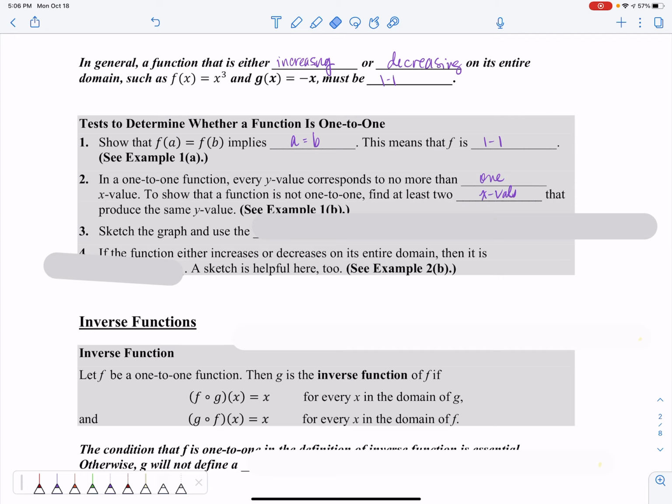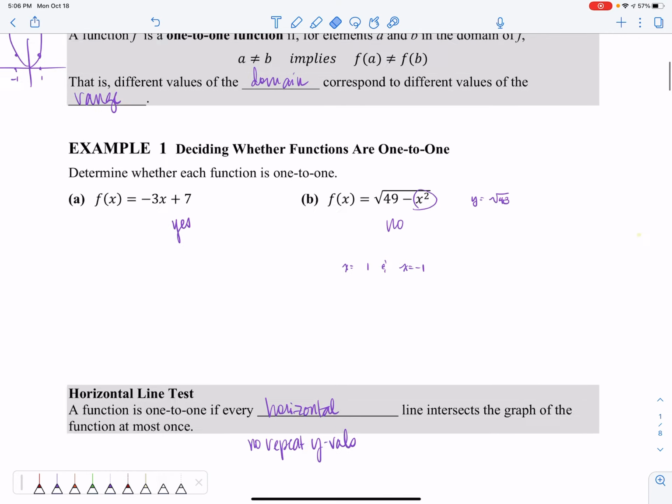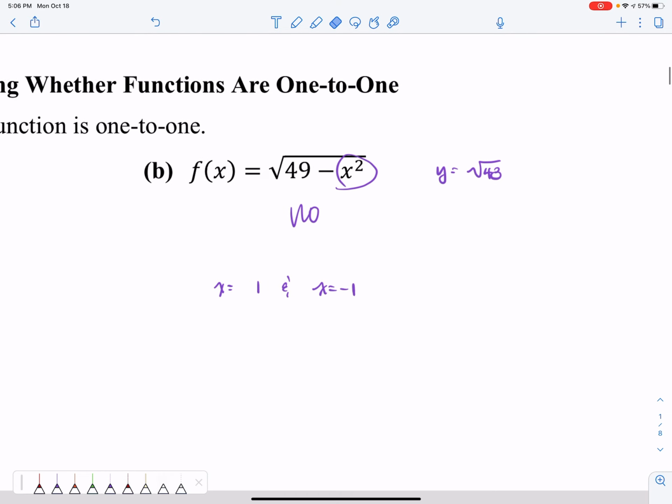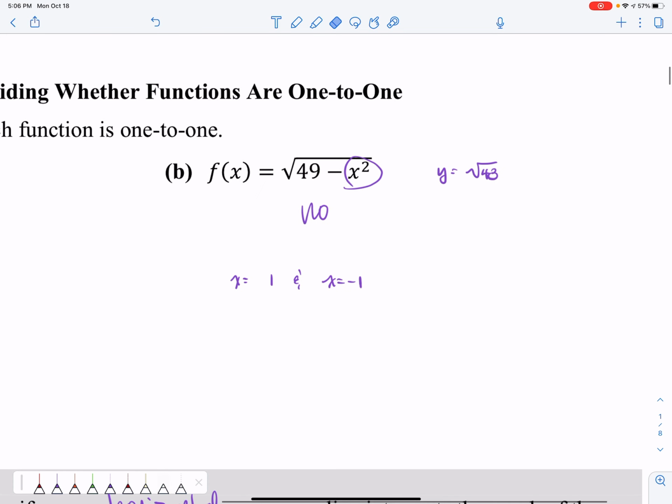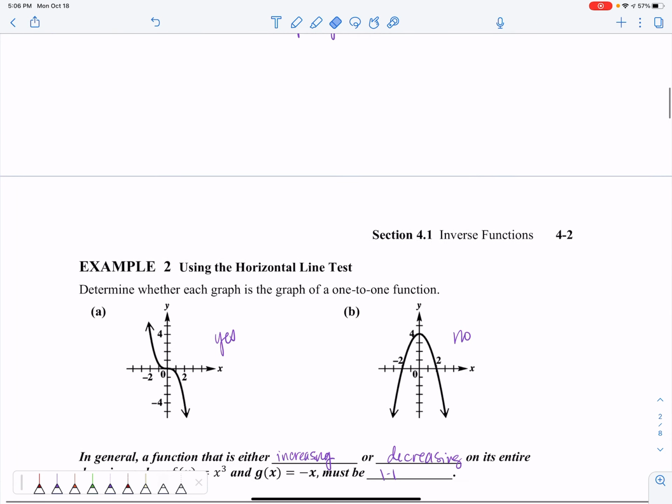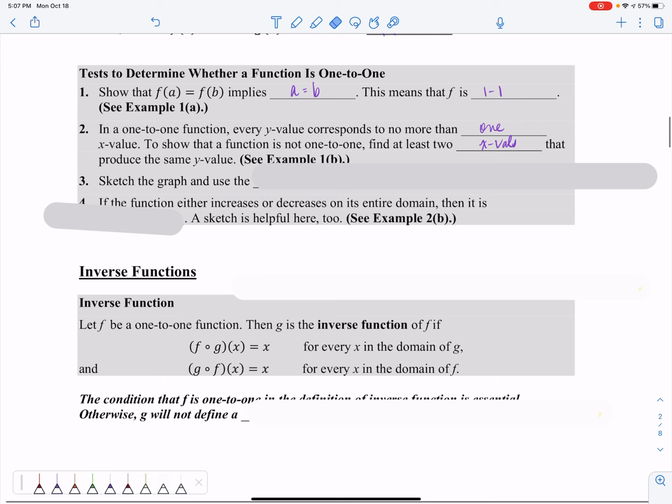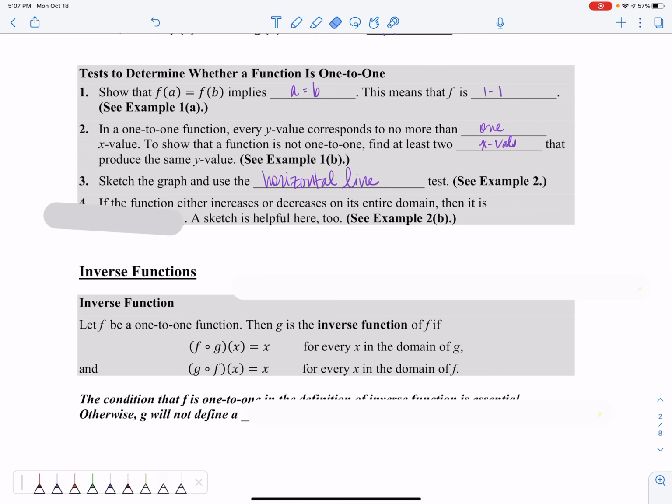To show that a function is not one-to-one, find two x values that produce the same y value. You just saw us do this back here in example 1, part B. We showed that two different x values yielded the same y value. And so that's what step number 2 says. Step number 3, sketch a graph and use the horizontal line test. And step number 4, just ask yourself, is it increasing or decreasing on the entire domain? If it is, then we have one-to-one. So a graph would help here as well.